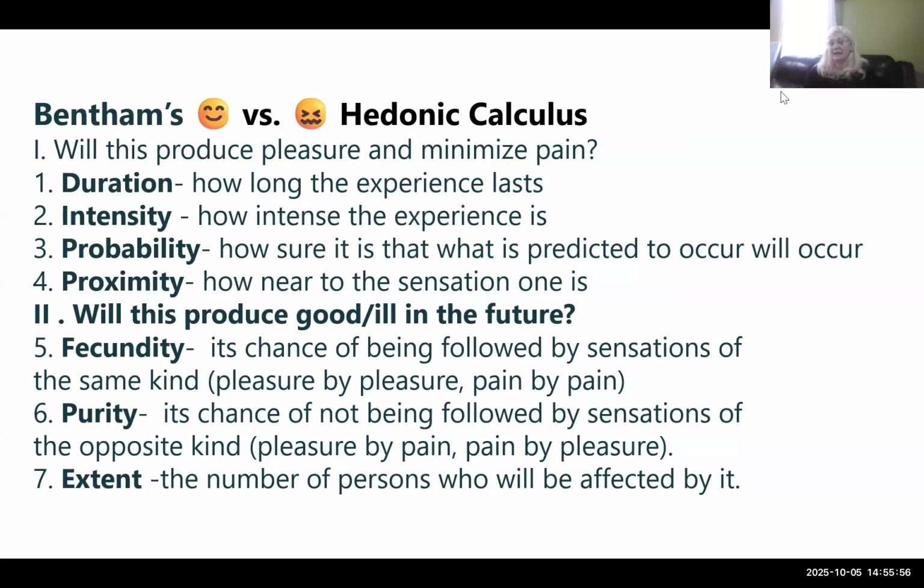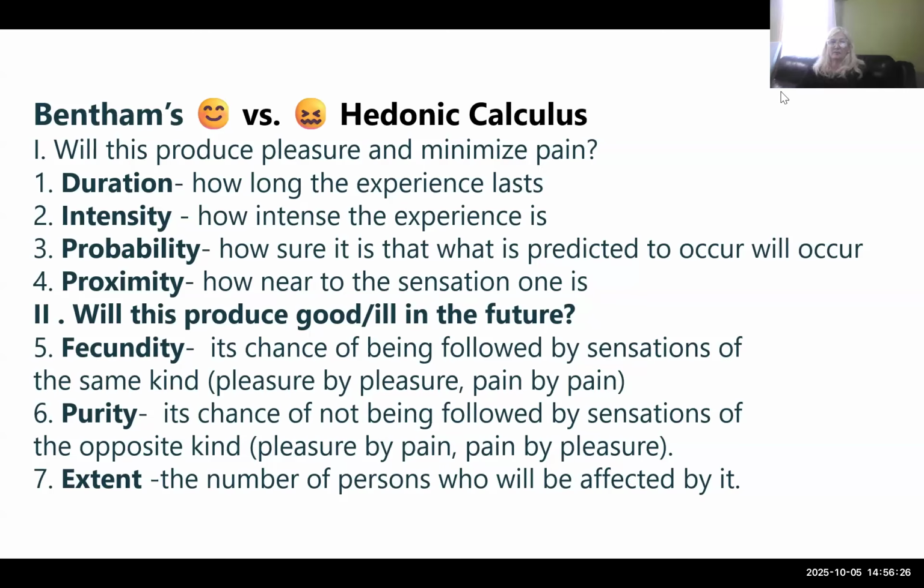Next would be intensity. How intense is the experience? We can imagine imagining cake versus having cake. The imagining of cake is not as intense a pleasure as actually experiencing it. Probability: how sure it is that what is predicted to occur will occur. So you have to think ahead of time about how likely the impact that you think is going to happen is going to happen.